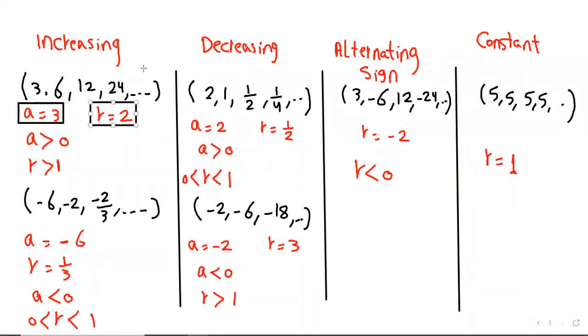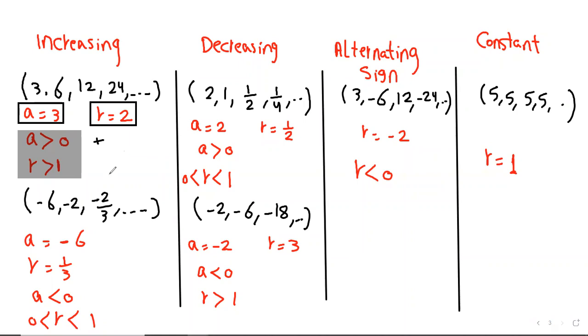R is the common ratio, and we got R from dividing 6 divided by 3, which is 2. As you see here, A is greater than 0, A is positive, and R is greater than 1.